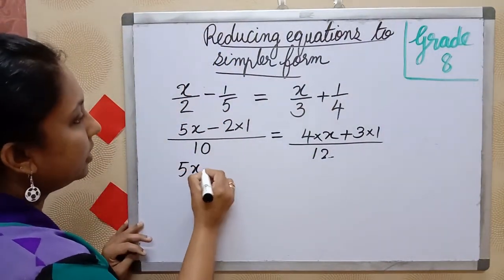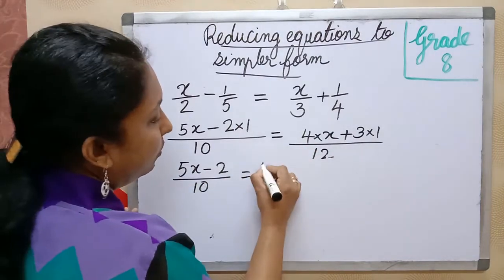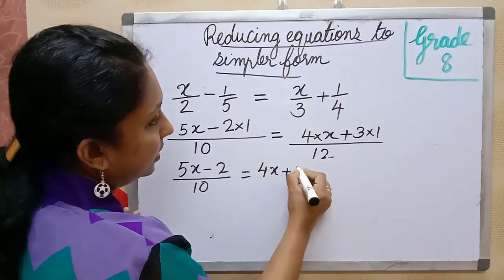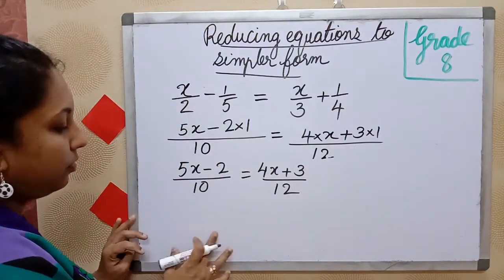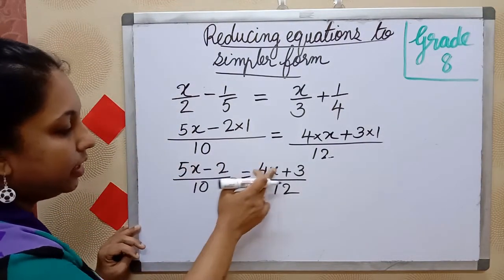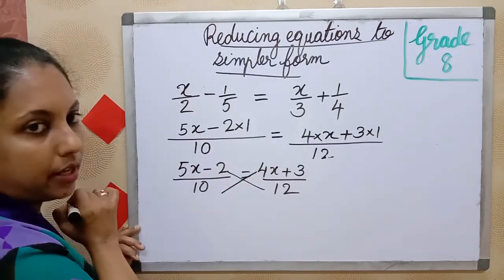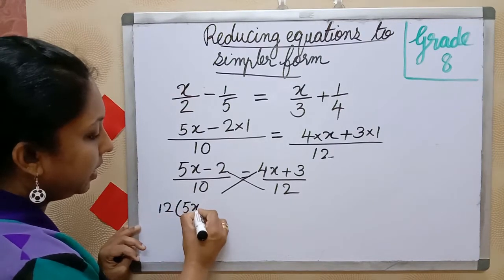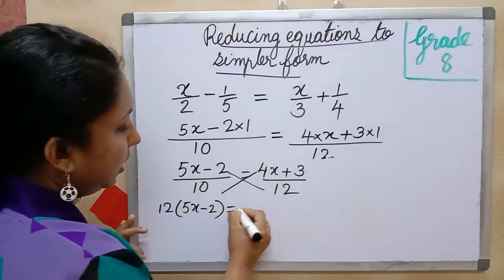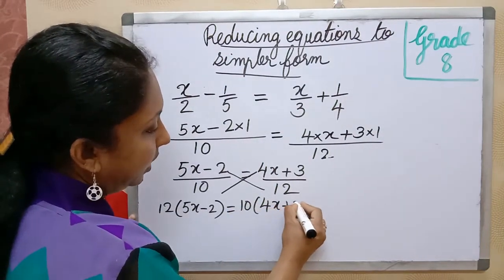Then again, (5x minus 2) divided by 10 is equal to (4x plus 3) divided by 12. Now we can cross multiply. This way we can cross multiply. That is 12 into (5x minus 2) is equal to 10 into (4x plus 3).